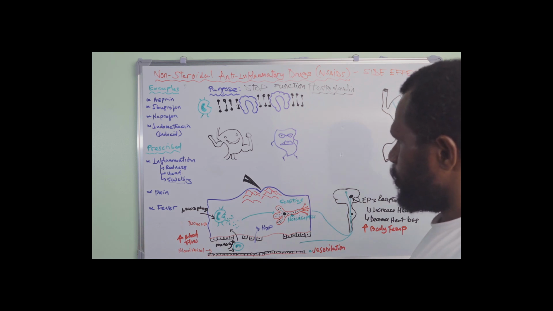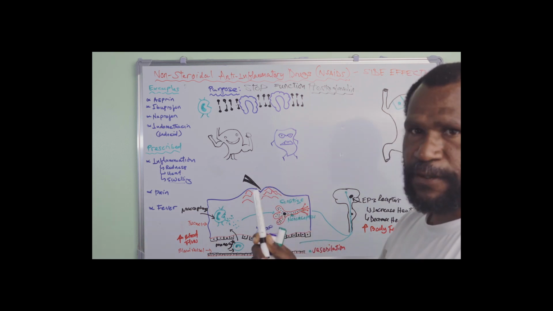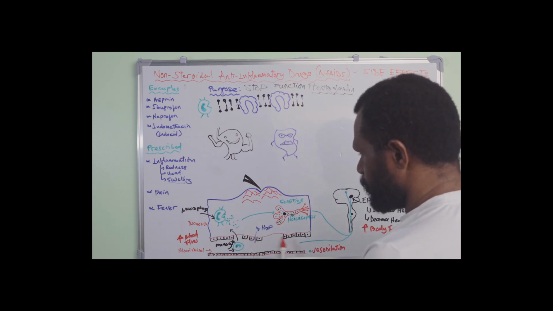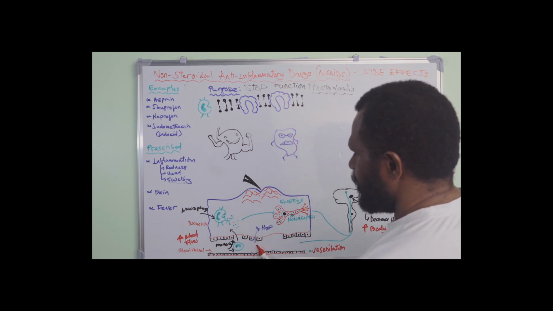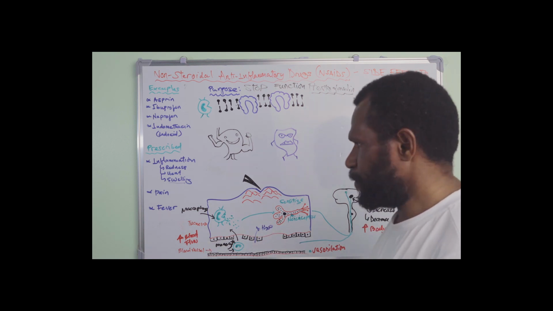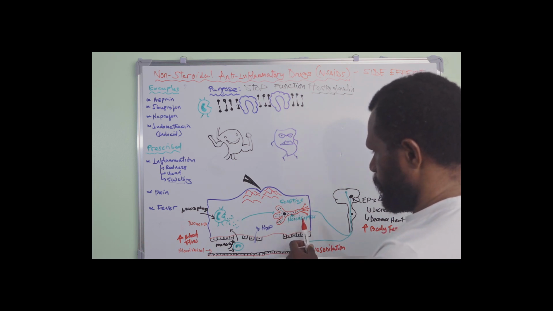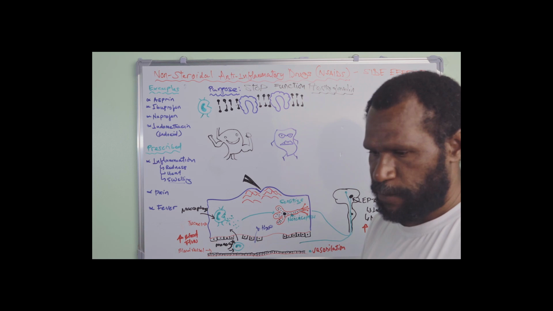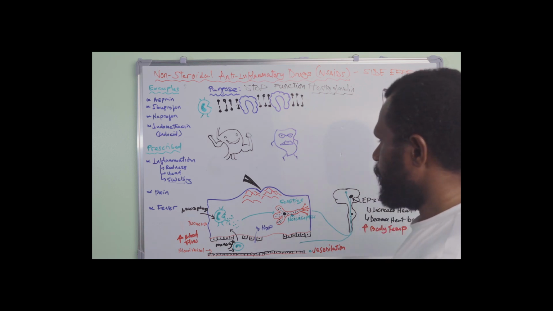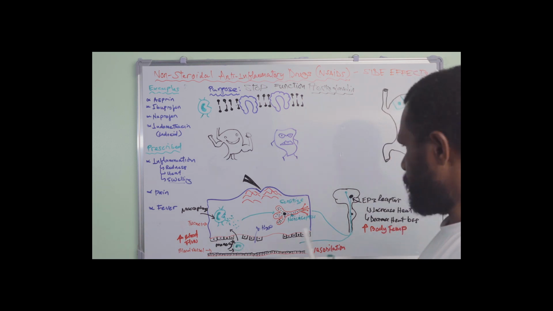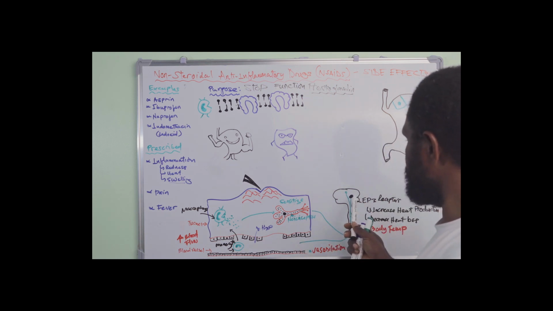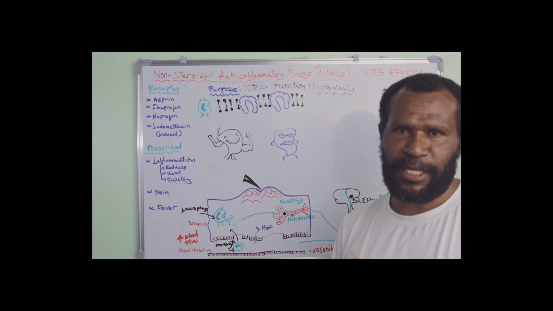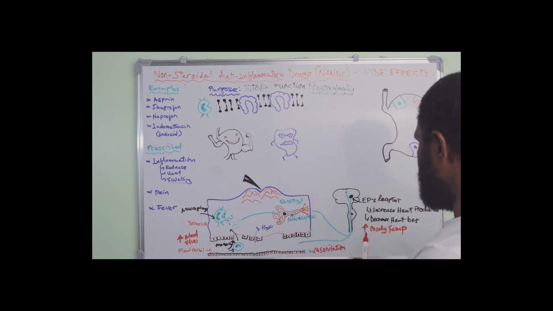Okay, so here you have the prostaglandin that is causing vasodilation, bringing a lot of blood and water into the tissues, causing swelling, sensitizing the nociceptors so you experience pain, and also stimulating the thermoregulatory center in the hypothalamus, so it increases body temperature.